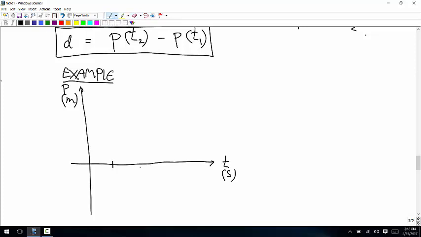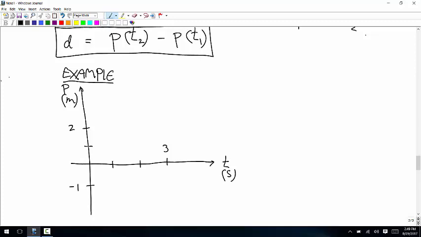So 1, 2, 3 seconds, and 1, 2 meters, and then we'll go down to -1 meter. And let's say that when time is equal to 0, the object is at position +1. So the horizontal is the time.